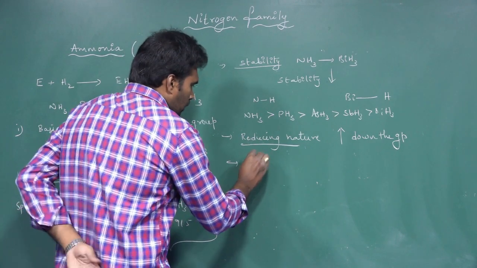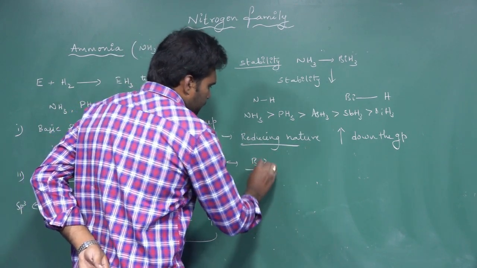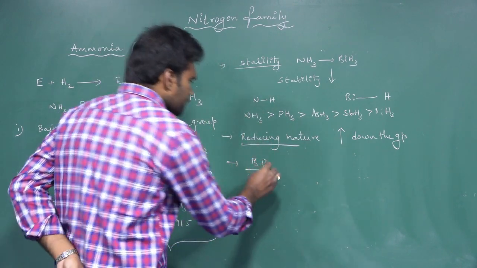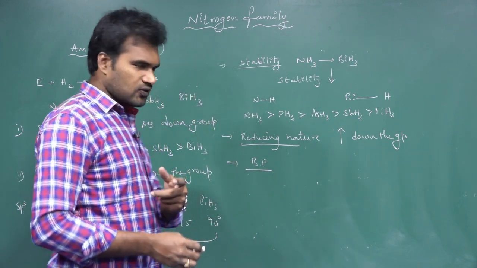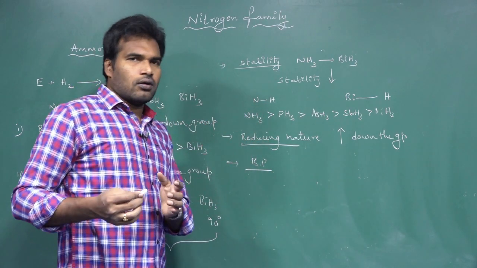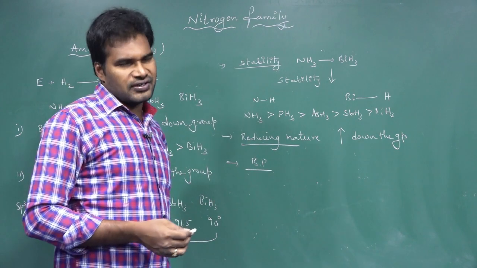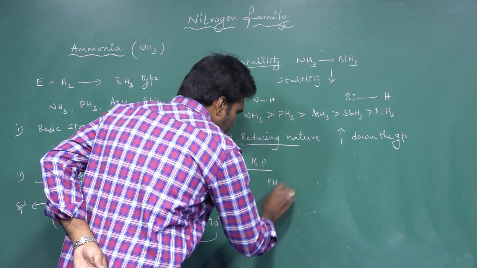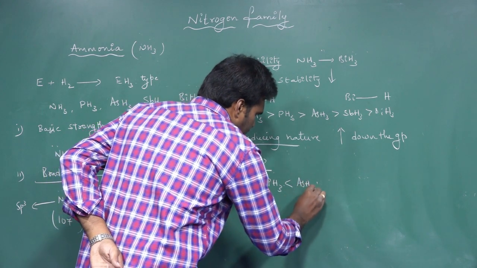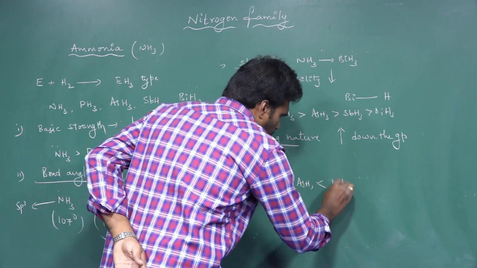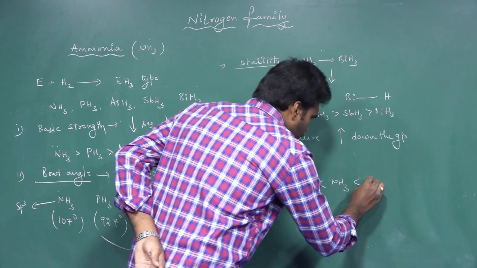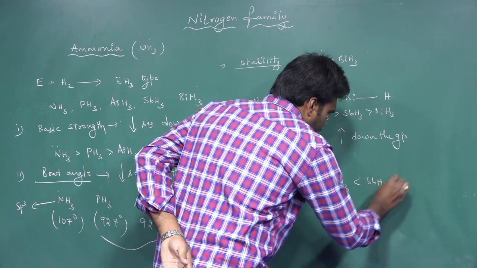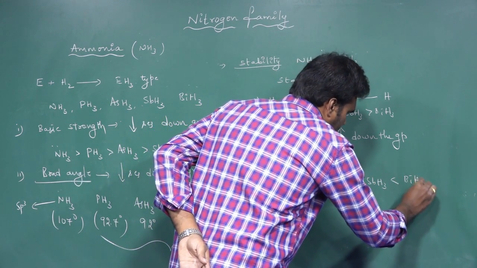Next one, boiling point. If you see boiling point, the order of boiling point slightly varies. Generally, when you go from top to bottom, the boiling point will increase. But in this case, PH3, AsH3, ammonia, SbH3 and BiH3.